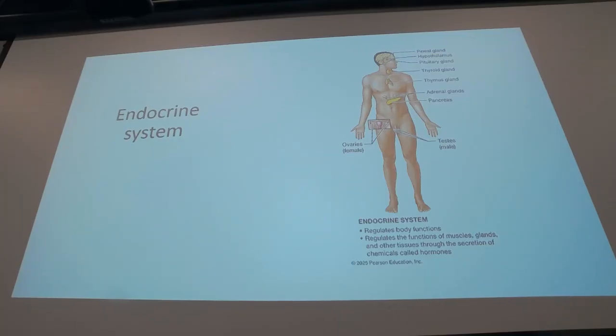So here we have examples of different glands, including pineal gland, hypothalamus, pituitary, thyroid, thymus, adrenal glands, pancreas, testes, and ovaries. In a way, these organs are not physically connected, most of them. The ones that are not physically connected communicate with each other by sending chemical signals, the hormones.